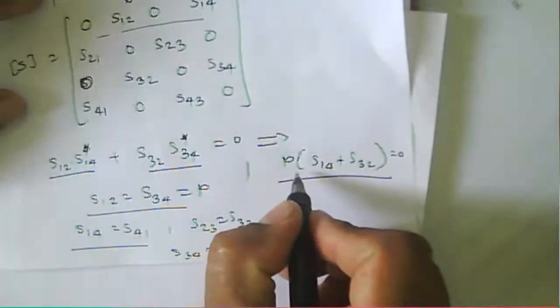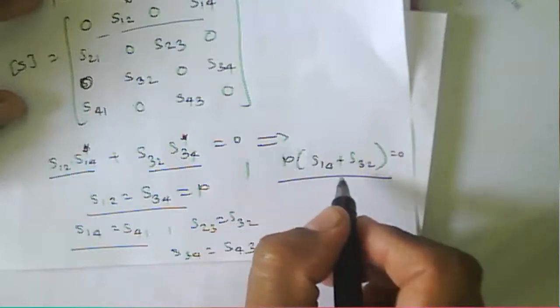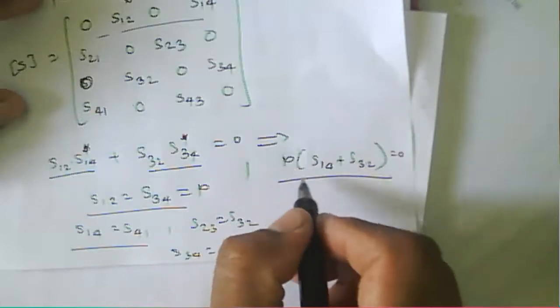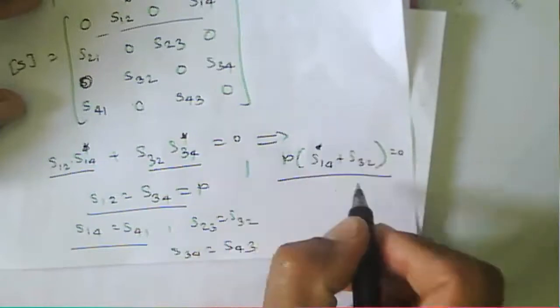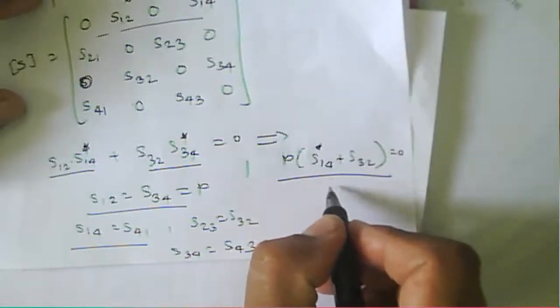Now this is P, so this particular factor has to be imaginary.